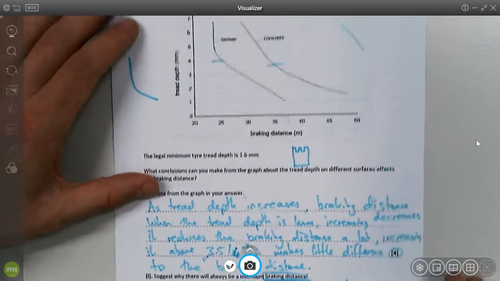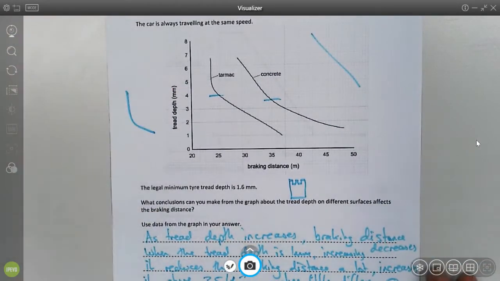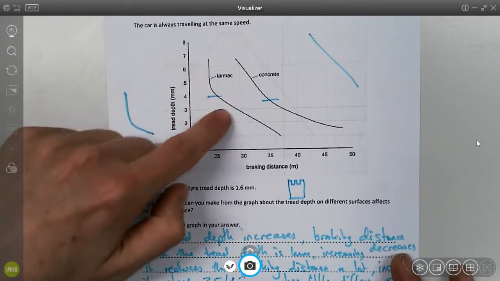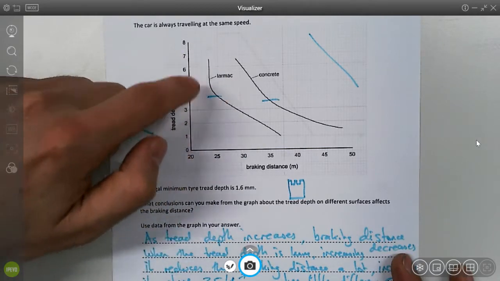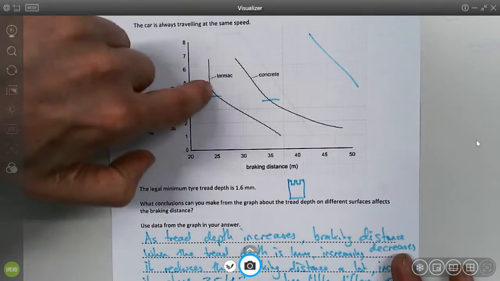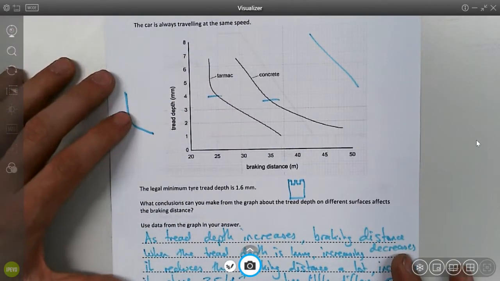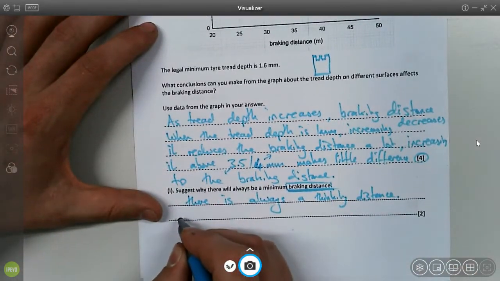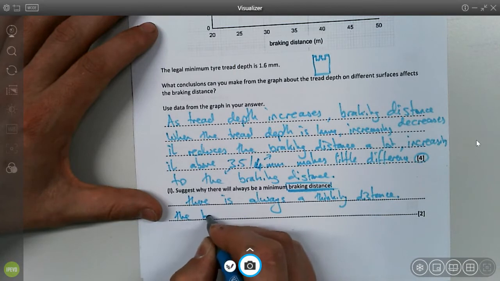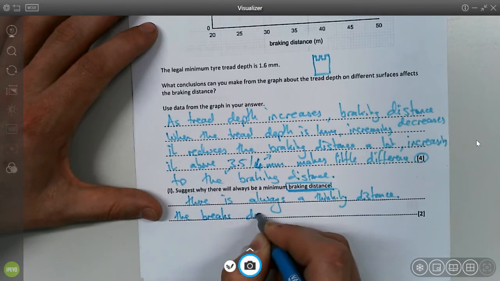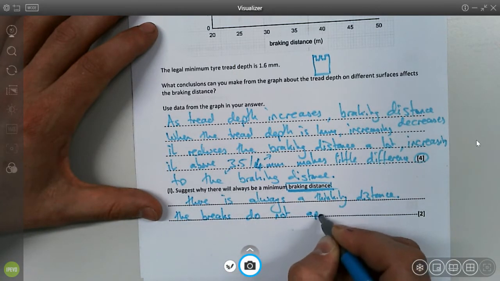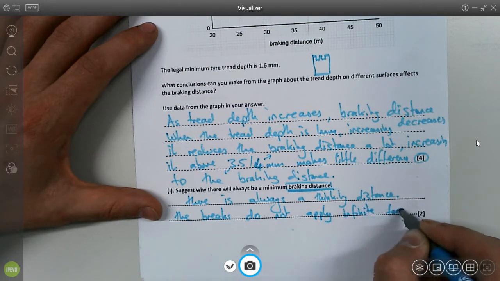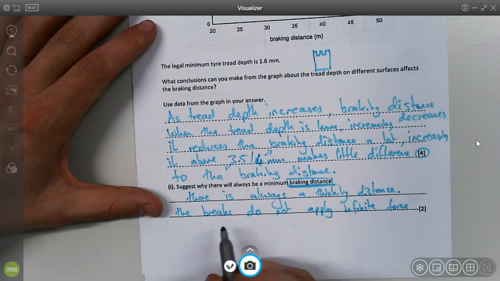The other thing that is probably worth saying is, well, actually, something else is preventing the car from stopping immediately. So there's going to be another limiting factor, such as the brakes do not apply infinite force. So they're going to slow it down slowly, so I spelled brakes wrong.